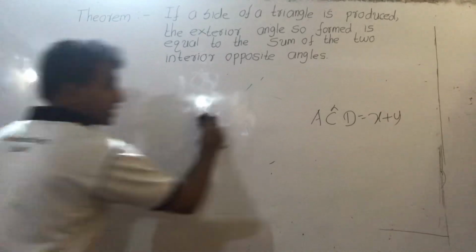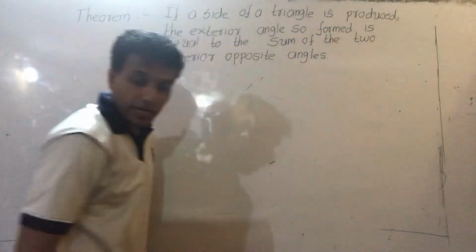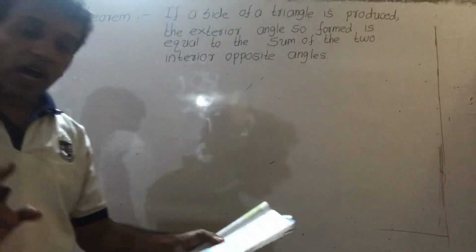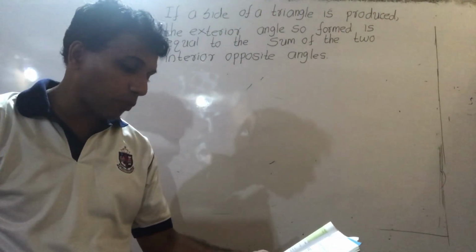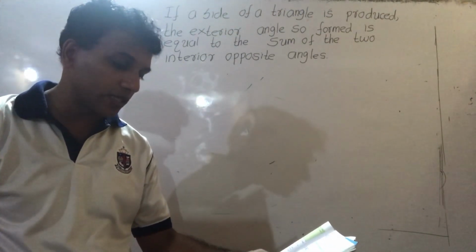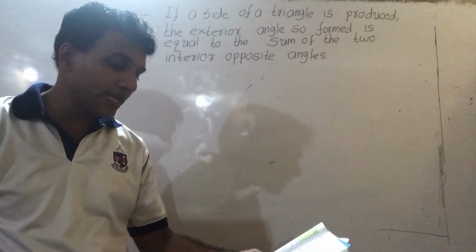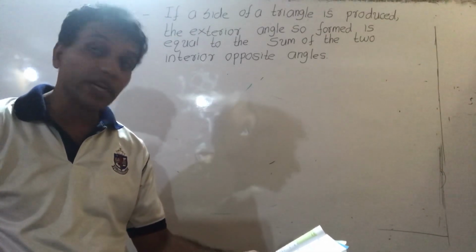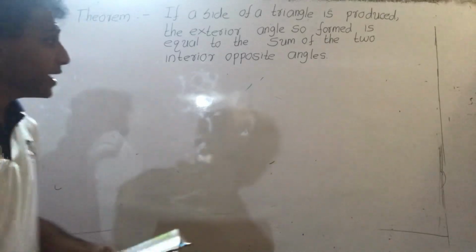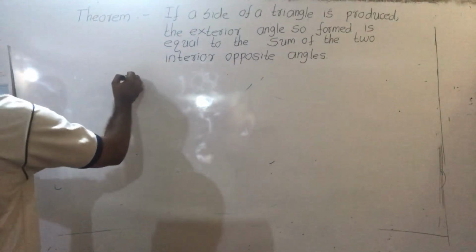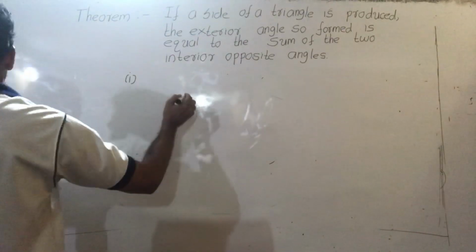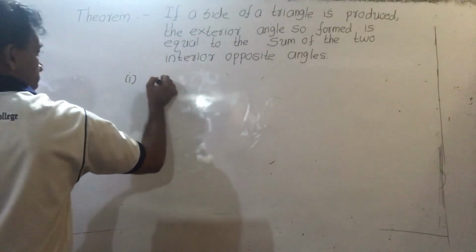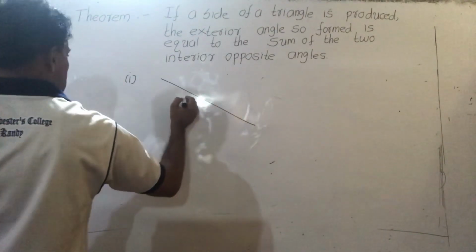When you produce a side of a triangle, it forms an exterior angle. So they ask us the question: select and write the letters corresponding to the angles which are exterior angles of the given figure. Where are the exterior angles? That you must identify first, before going to the problem. You know what you mean by the exterior angle.